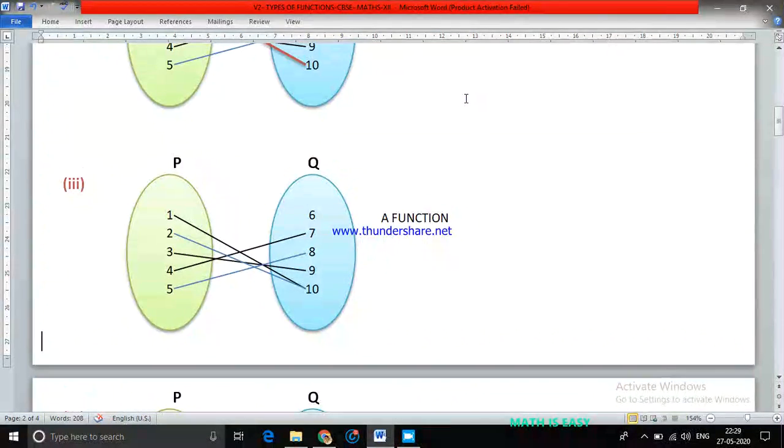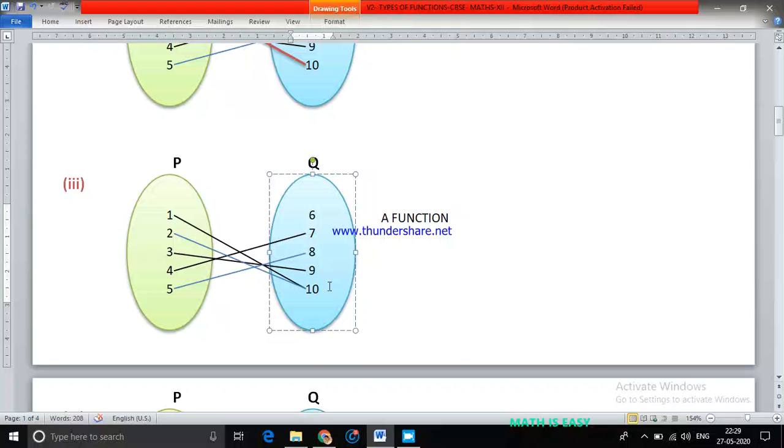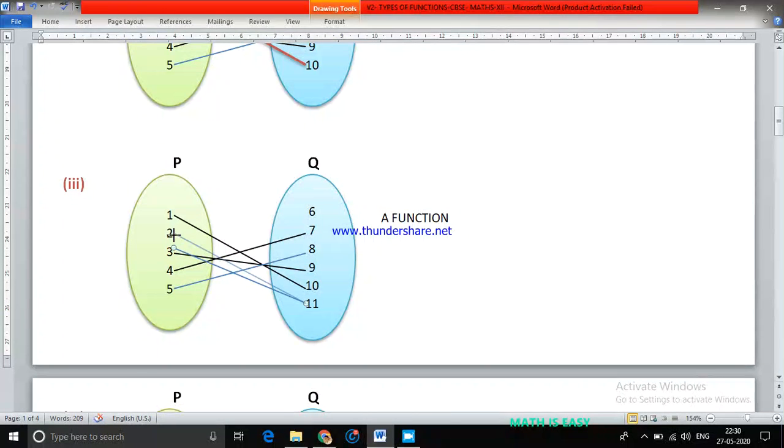Or they may ask you the question, let me put some element here. Yeah, so let me replace here. So what do you say?